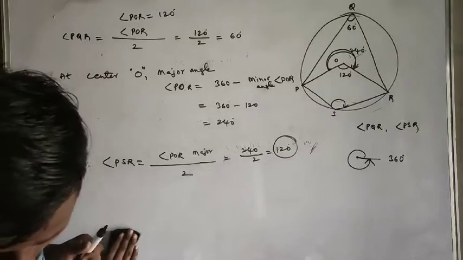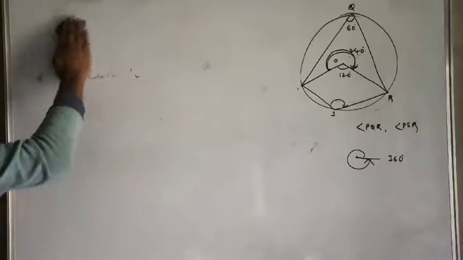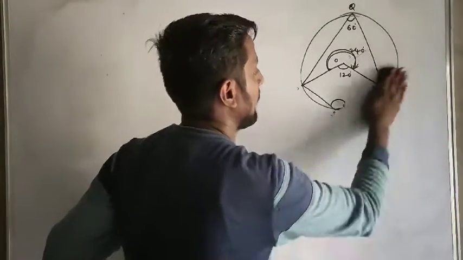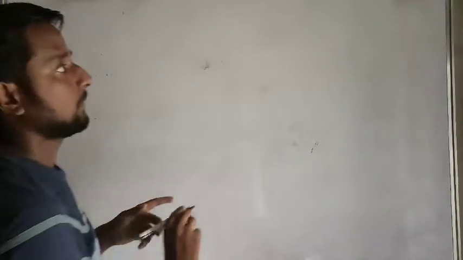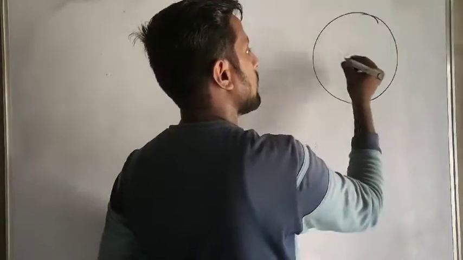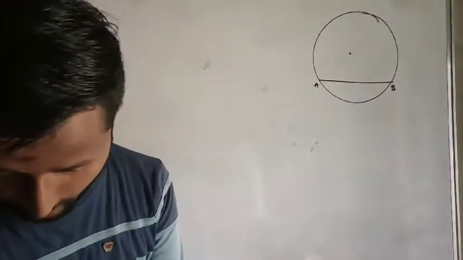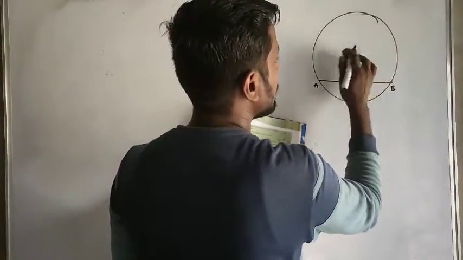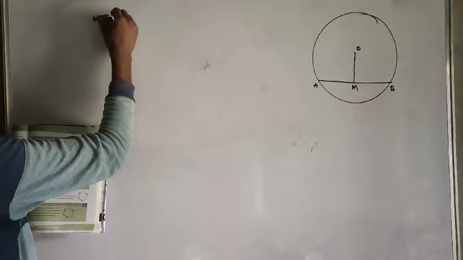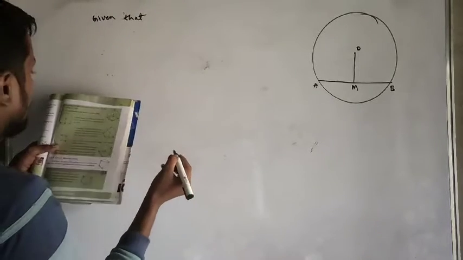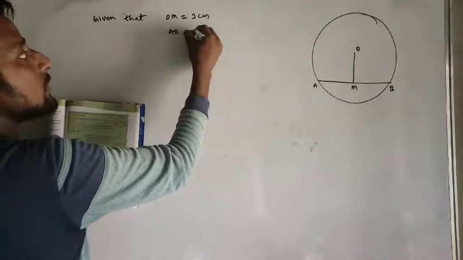Next question, the fifth question we'll see. So simple, the given measurements are OM is equal to 3 centimeters, AB is equal to 8 centimeters.